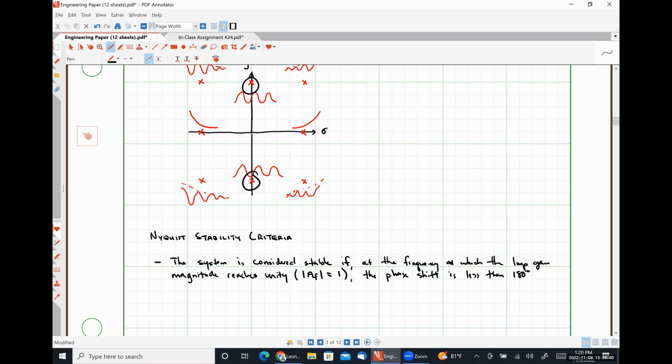Marginal stability. Exactly right. So what we are going to do is we are going to introduce 2 interrelated concepts, gain margin and phase margin, to give us a way to better evaluate the degree of stability that we have.